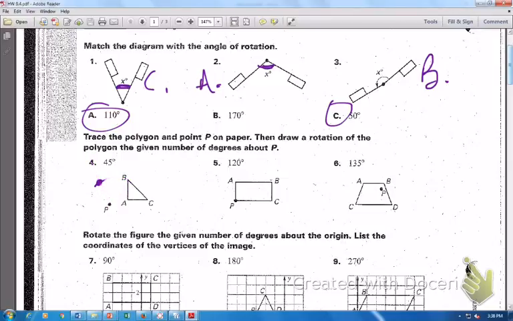Then you would do the same thing from A, right? Again, this is going to be very unscientific, but measure out a 45-degree angle here. Put your point on P, put your pencil on A, and arc that, and that will tell you about where to put A prime. And then we're going to do the same thing with C. A 45-degree angle might be right there.